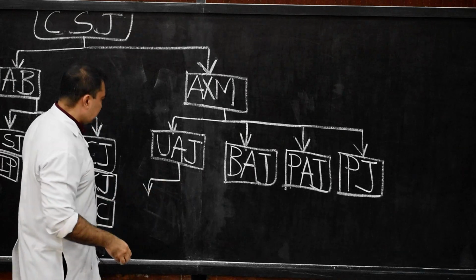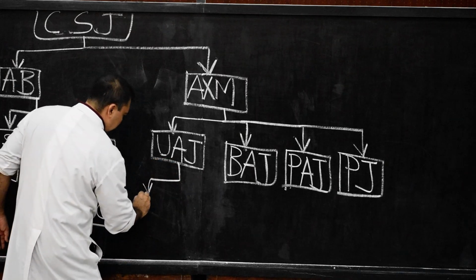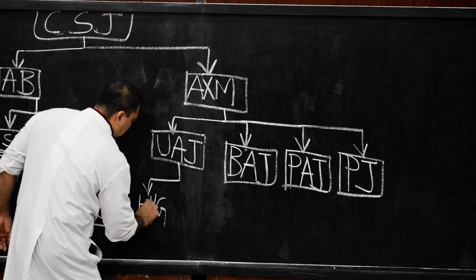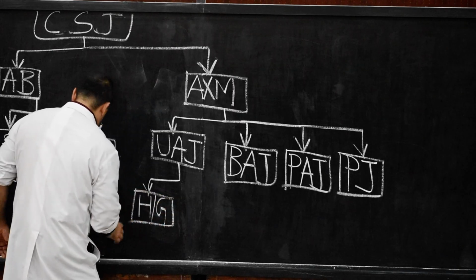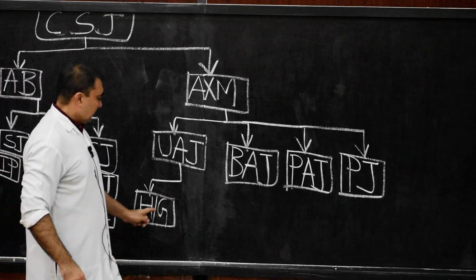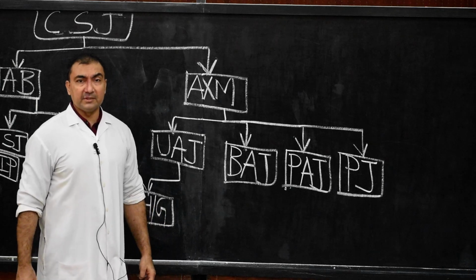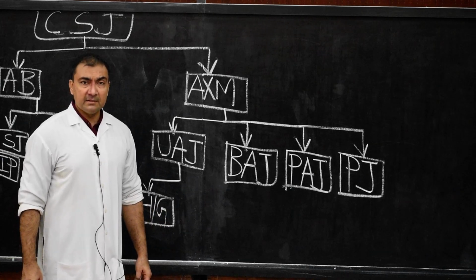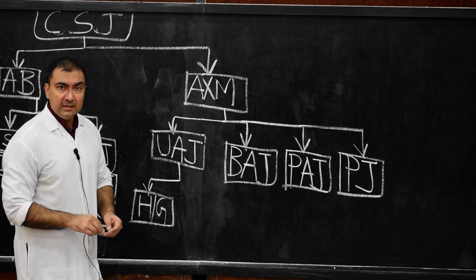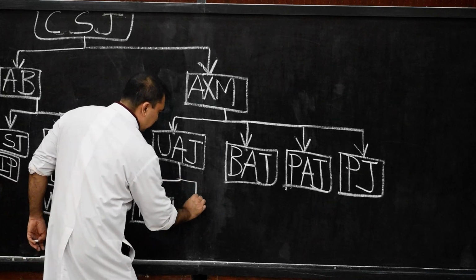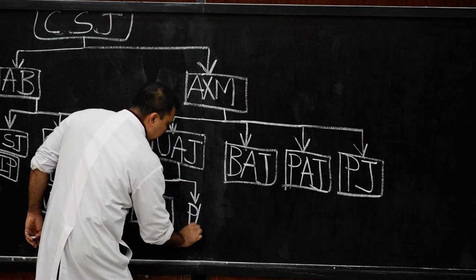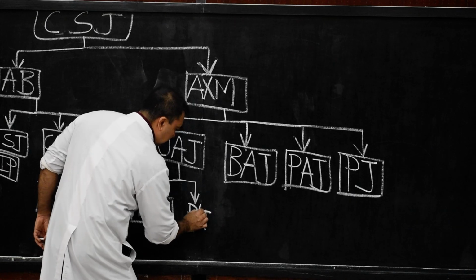Varieties. Number one, the first category is known as hinge or ginglymus. Please note down, because this is often asked as MCQs. Hinge joint or ginglymus, G-I-N-G-L-Y-M-U-S. Second, also very important, is pivot, P-I-V-O-T, or trochoid.